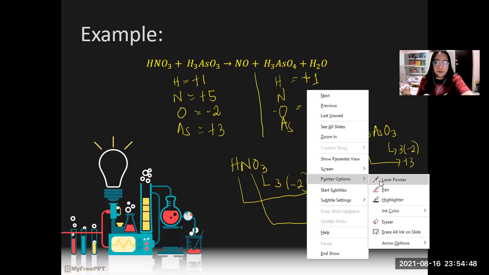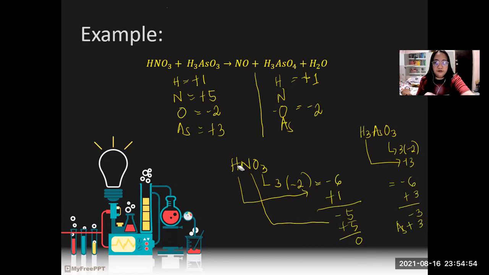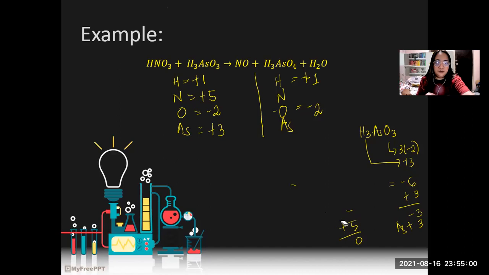Should you have questions, probably you can just list them now and then maybe we'll talk about them when we have our sync class. But for now, let's just go through the solution so that you can follow it in the event that you need to use oxidation numbers for different exercises.